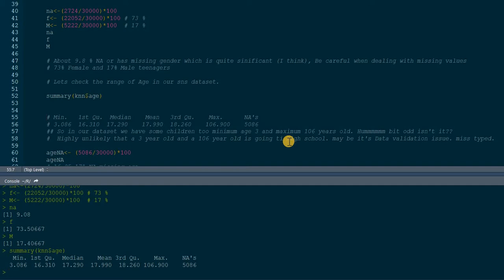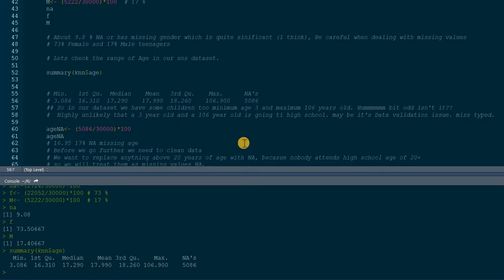I'm not sure about you, but I'm guessing it's probably to do with data validation issues, or somebody mistyped something, or was in a hurry, or when transposing or retrieving data, they messed up.